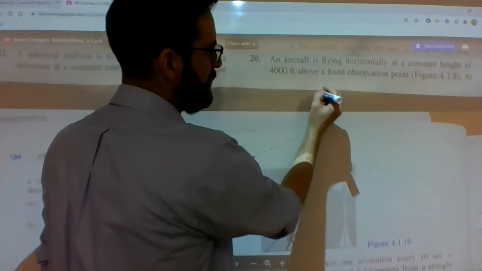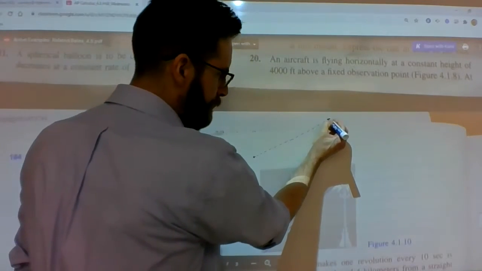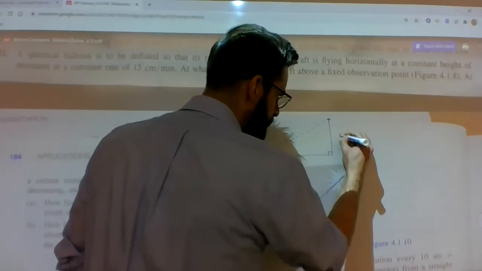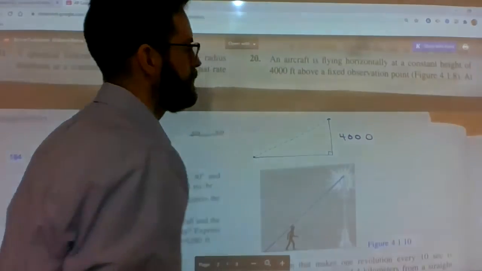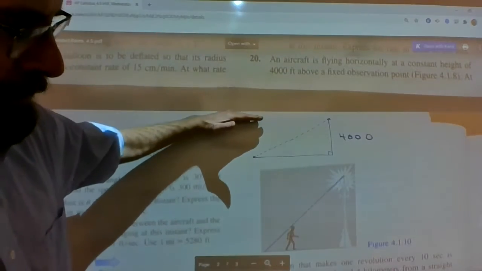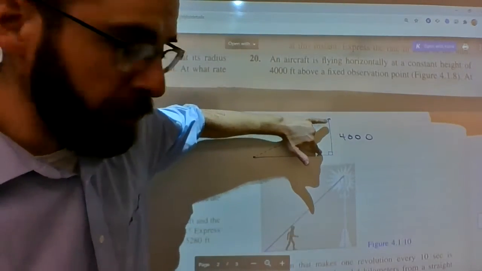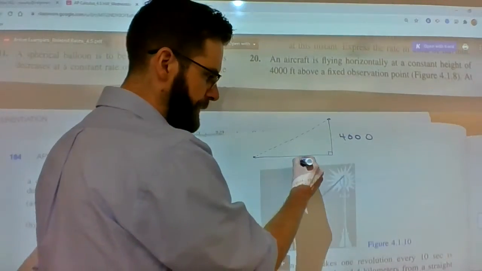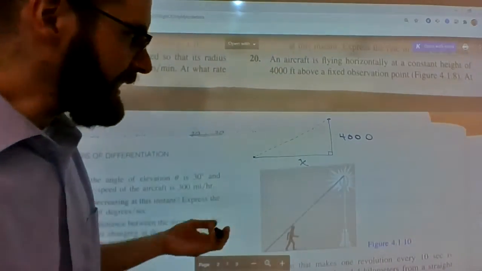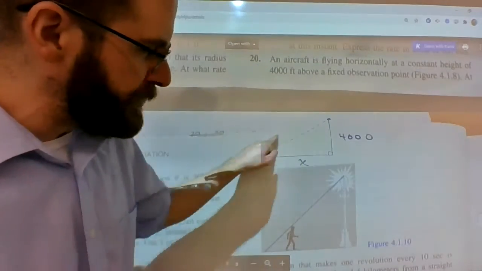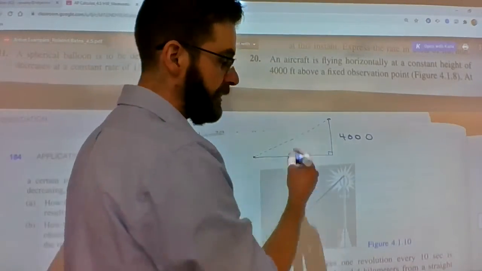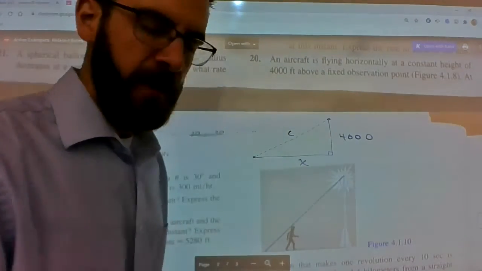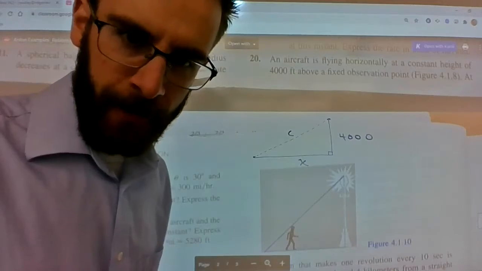All right, so the plane is constantly 4,000 feet above that fixed observation point. So this vertical distance is always 4,000 feet. It's the horizontal distance that's always changing. And I guess we could say that this distance is also changing as well, so maybe give that a variable if we need to use it. So I'll just call it C for my a squared plus b squared equals c squared hypotenuse.